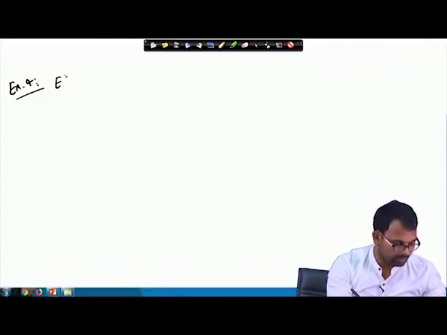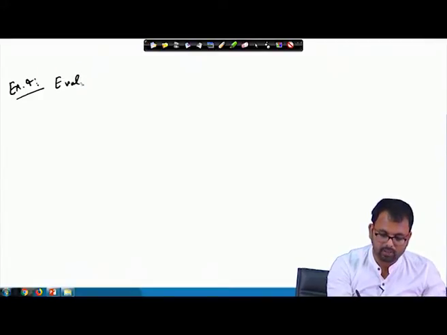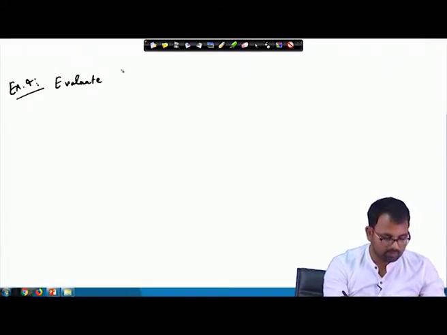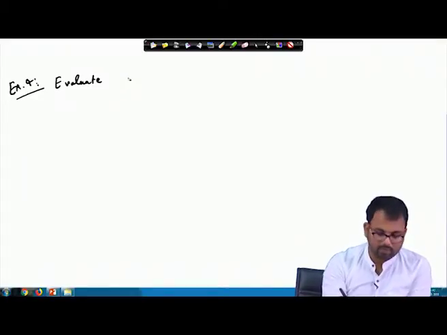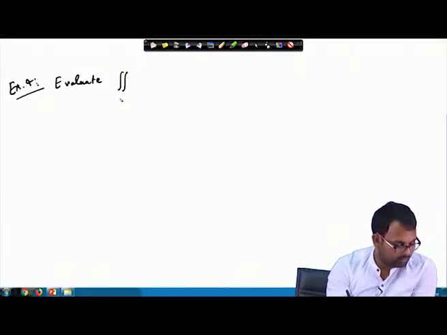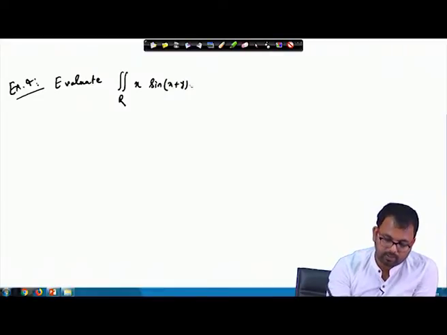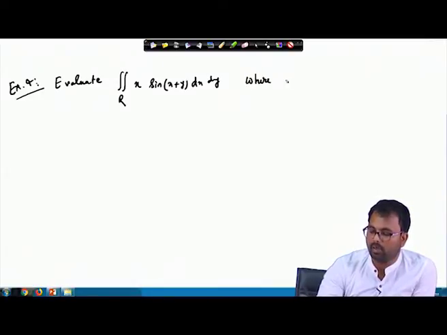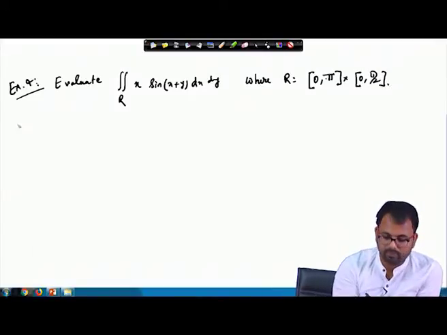So, evaluate the integral over the rectangle R of x sin(x plus y) dx dy, where our rectangle R is 0 to pi times 0 to pi by 2.